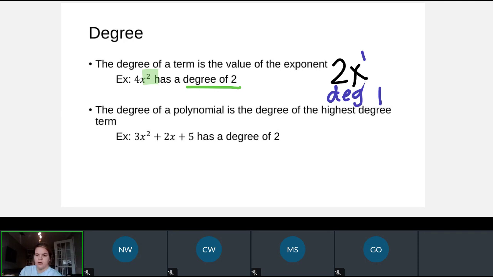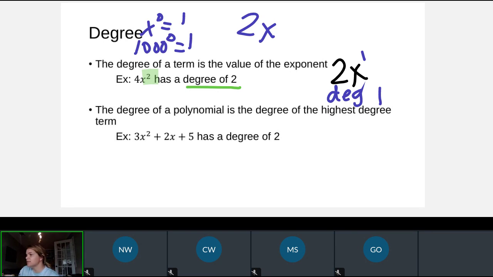Some of you, and people in general, get confused and think that if you just have 2x, the exponent is 0. However, you can raise anything to the 0: x to the 0, 1,000 to the 0. If you raise anything to an exponent of 0, the answer is 1. So if this variable is there, for instance x is there, it's not gone, then we know that the exponent is 1.